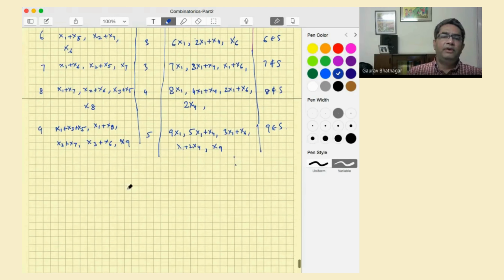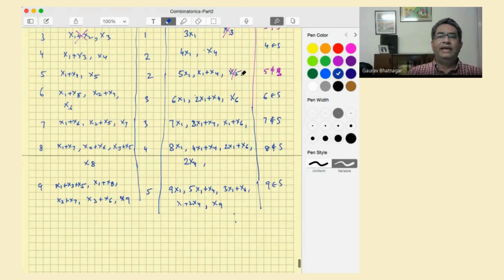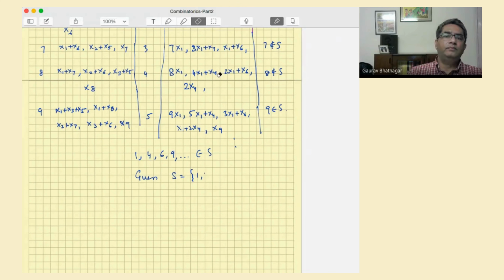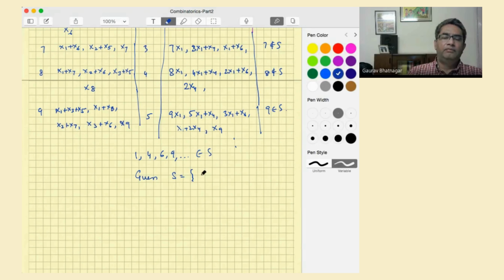You can keep going on, and what we get is that only 1, 4, 6, 9 belong to S. So the guess is S equals 5k plus 1 and 5k plus 4, mod 5.